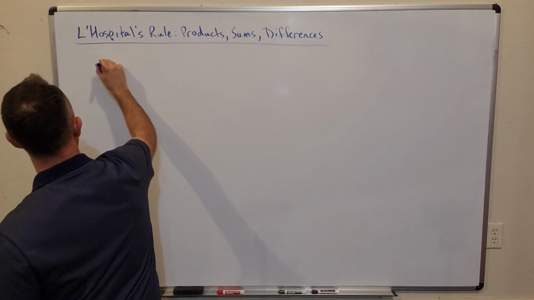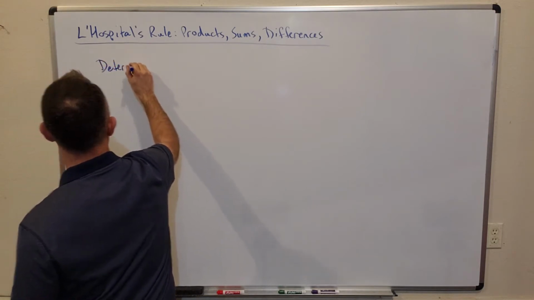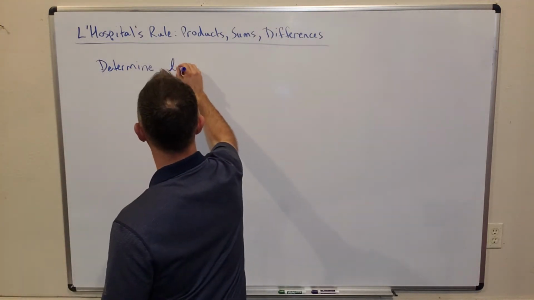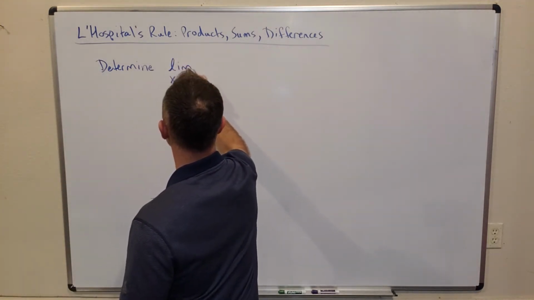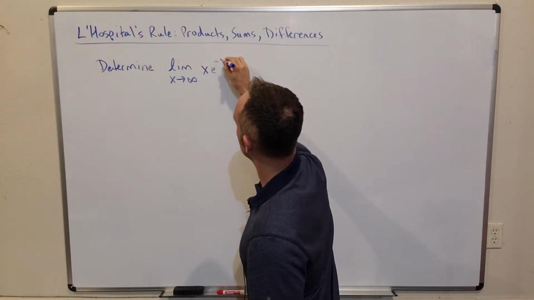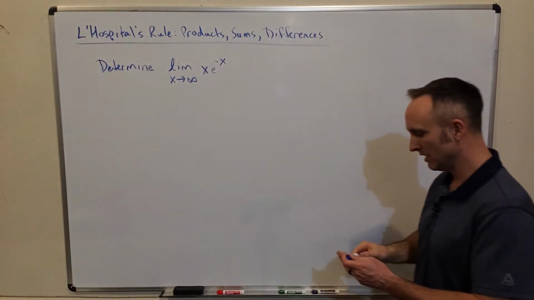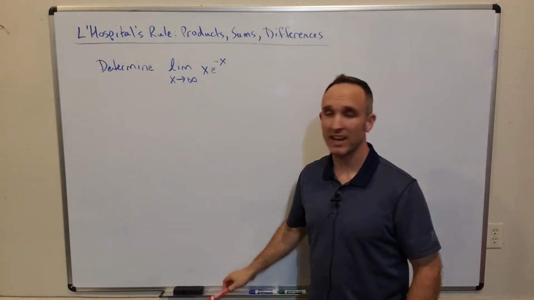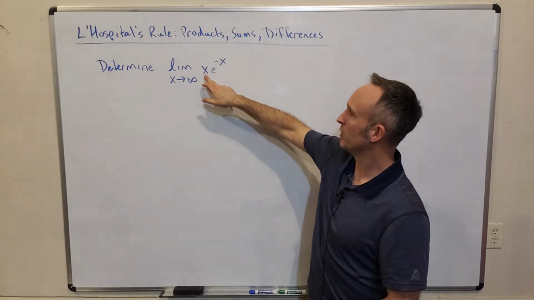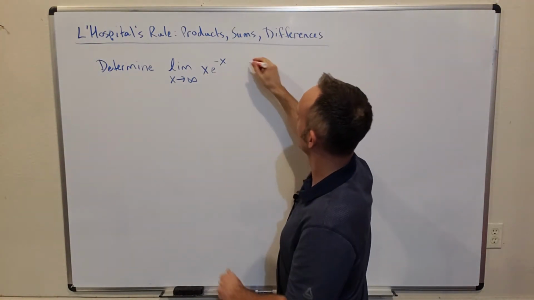And let's determine the limit as x goes to infinity of x times e to the negative x. In this case, as x goes to infinity, we end up with infinity, right?